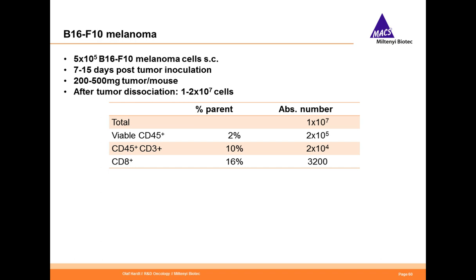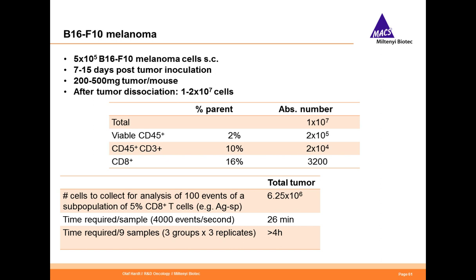So even starting with 10 million cells, you will only have 3,200 CD8 positive T cells in this sample. And then if you want to now analyze a subpopulation of CD8 cells, such as an antigen-specific CD8 T cell, which is about 5% of this population, if you just want to acquire 100 events of your target population, you need to acquire more than 6 million total cells from your sample.